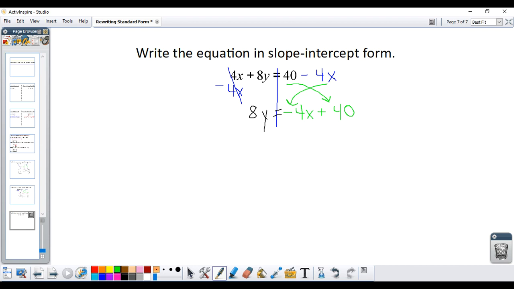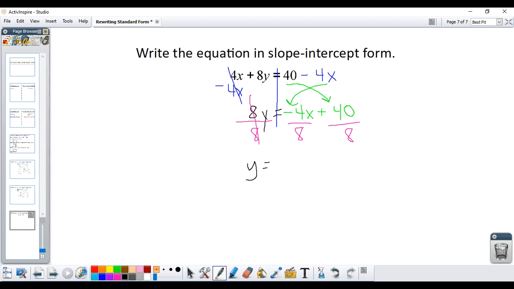And then divide everything by that number in front of y. So dividing everything by an 8. These cancel. And now I have y equals, and I'm going to not simplify it quite yet. I'm just going to write what we have here. So I have 4/8.